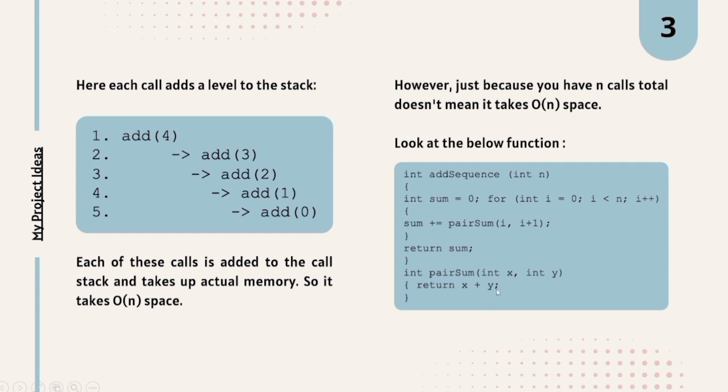Again, you have a pairSum function taking x and y, and you return x plus y. So this is the pairSum function where you are passing the parameters i and i plus 1, and here you are passing the parameters x and y. This loop runs for n times, and this is the pairSum function where the sum happens.